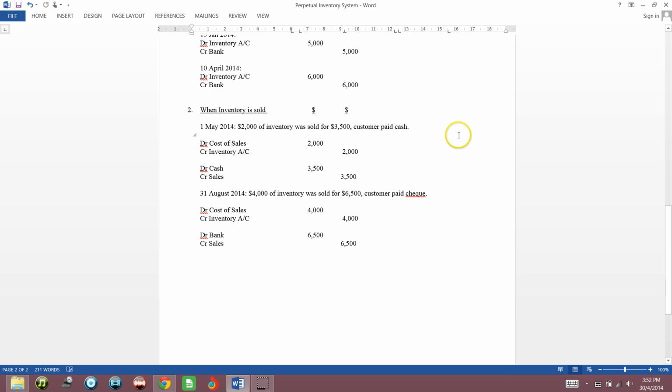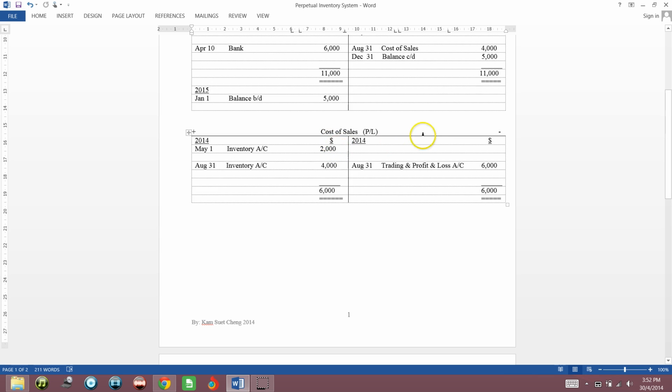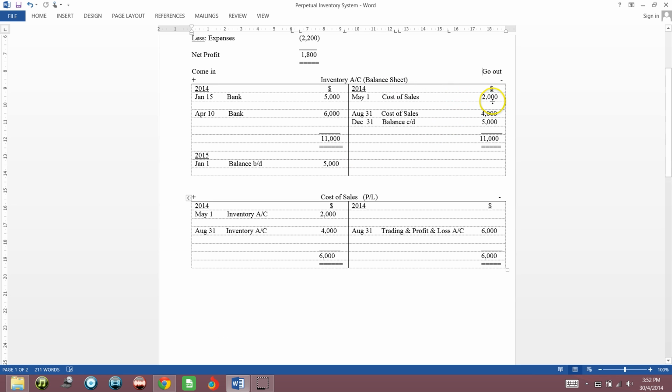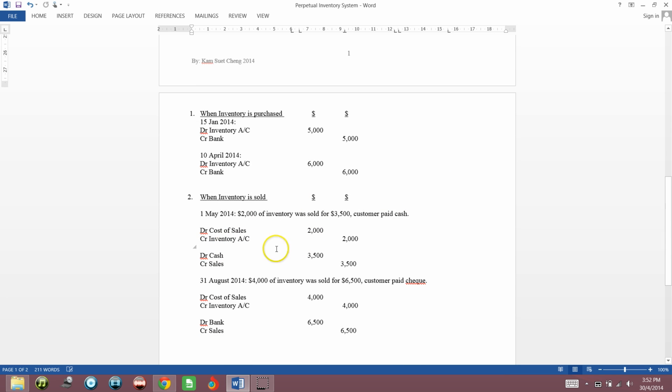That means you have incurred the cost of 2,000, so you debit cost of sales. The inventory goes out and goes to the cost of sales account. So you debit cost of sales, credit inventory. The customer paid me cash, so debit cash and credit sales.